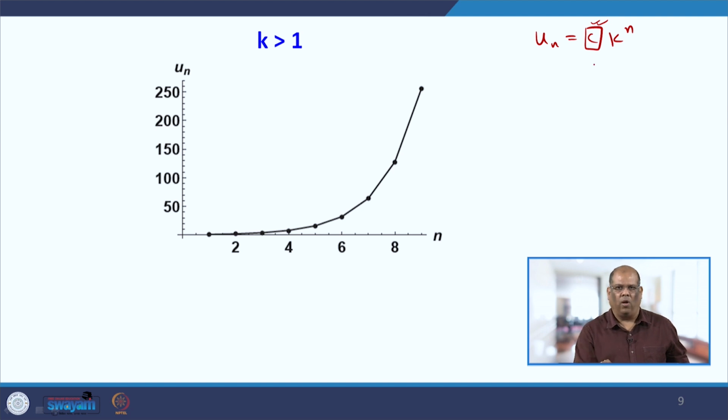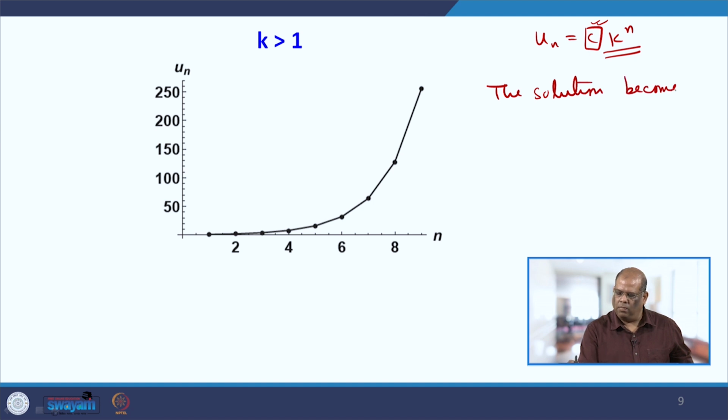And then you will plot this graph, and the dynamics will depend on the value of k. So, the case 1 is suppose k is greater than 1 and you get this kind of graph. It is clear that the solution becomes unbounded as n increases.